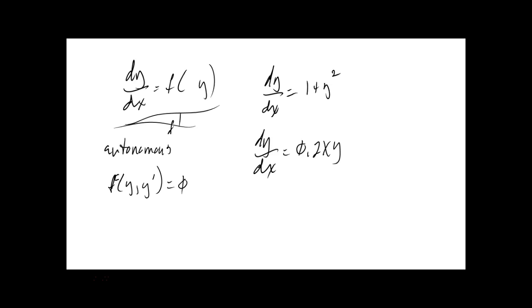The only problem is that it does have a product of x and y, and I can't remember if that knocks it out of being linear. I think it might, but I shouldn't have even asked the question. You should all be like a lawyer: you never ask a question you don't know the answer to. So I think that probably would knock it out from being linear. But it is first order, but non-autonomous.